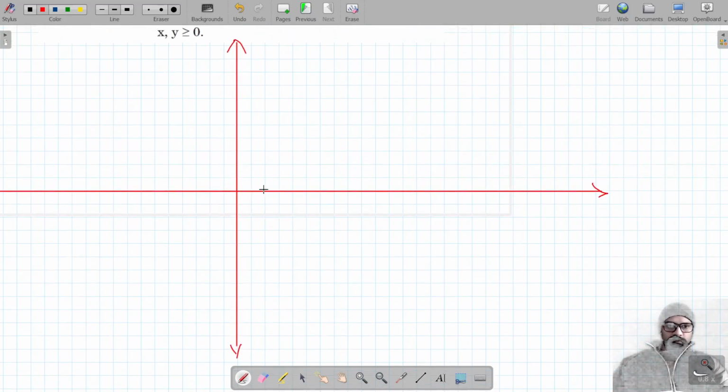This be the origin. So I'm going to make a scale of 400, 0 to 400. Let this be after 400, 800, or let it be a scale of 200.